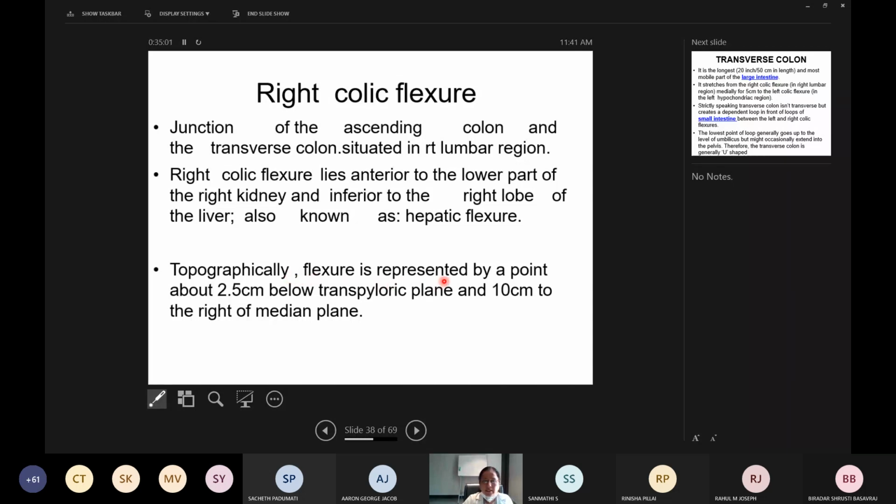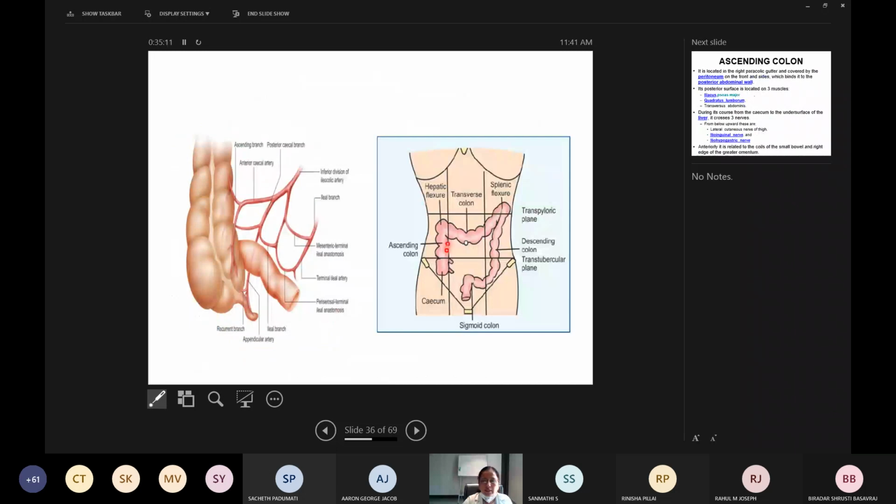Topographically, this flexure is represented by a point about 2.5 centimeters below the transpyloric plane and 10 centimeters to the right of the median plane. So this is the hepatic flexure or the right colic flexure, 2.5 centimeters below the transpyloric plane and 10 centimeters from the median plane.